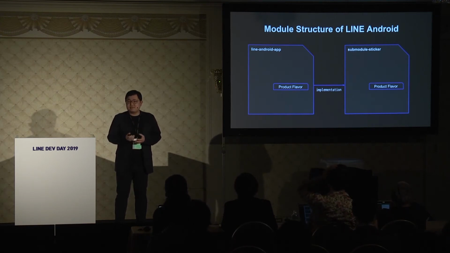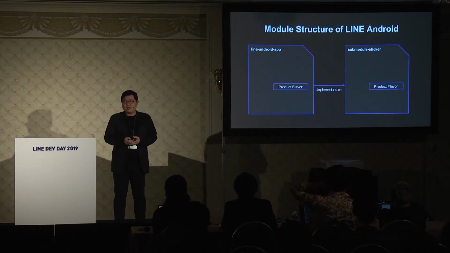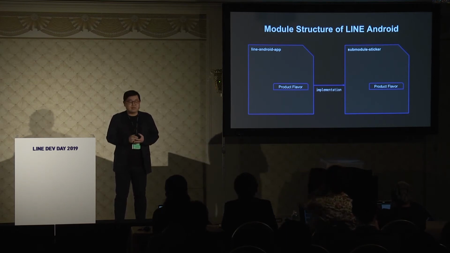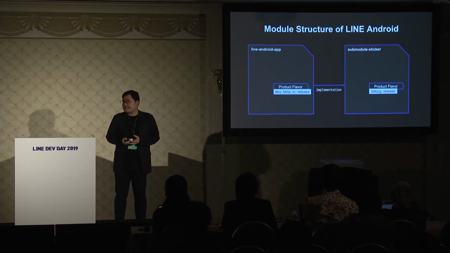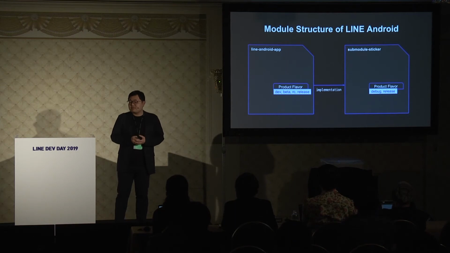The submodule is from the app module, with Gradle implementation. There is a dependency of that. So the app module and submodules become dev, beta, RC, release, debug, release according to the Android Gradle plugin. So they have the product flavors like this.